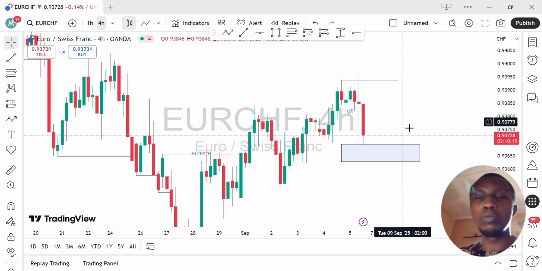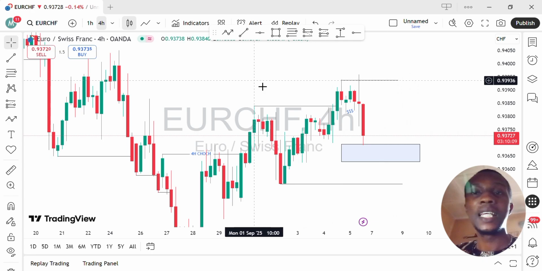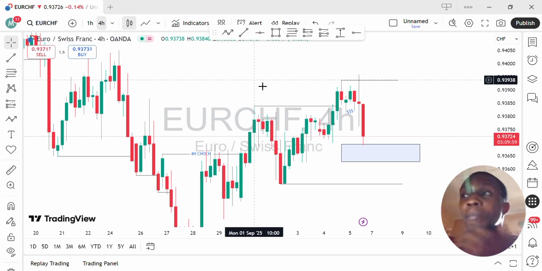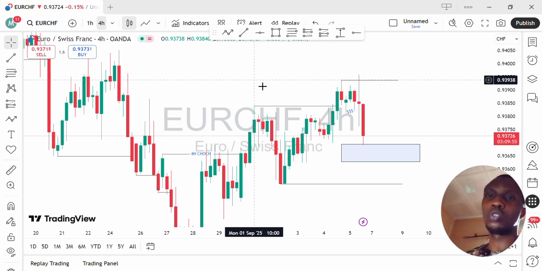And note, the low needs to be protected. If the low is not protected and price comes back to attempt that low, closing with a body, that makes it a change of character. The market tells us that it is tired of trading to the downside and wants to change trend to the upside.